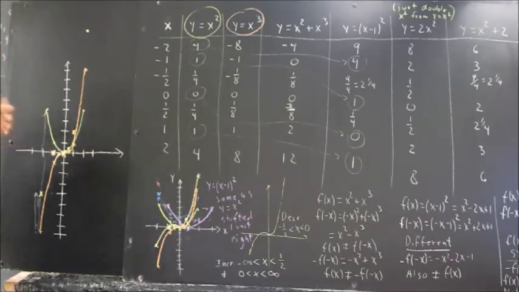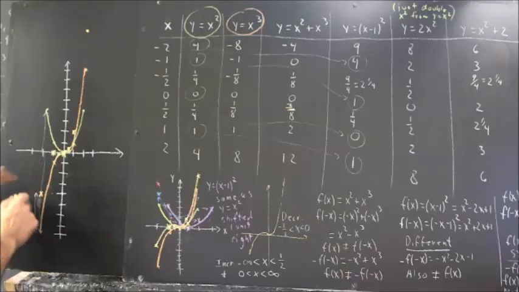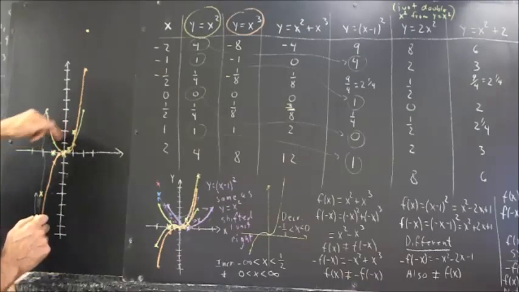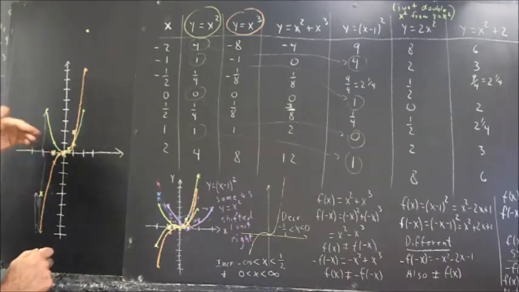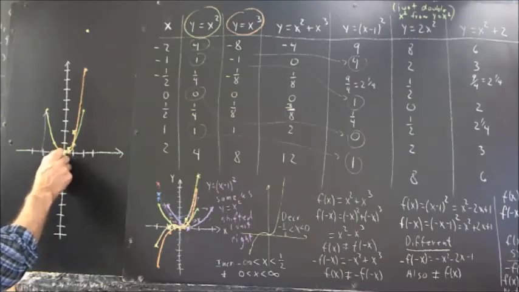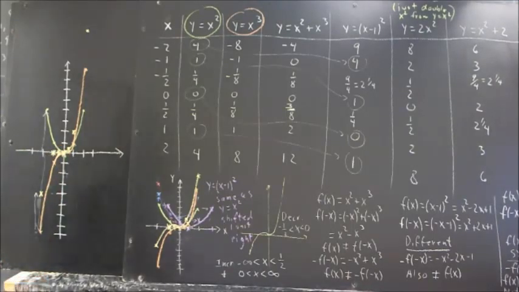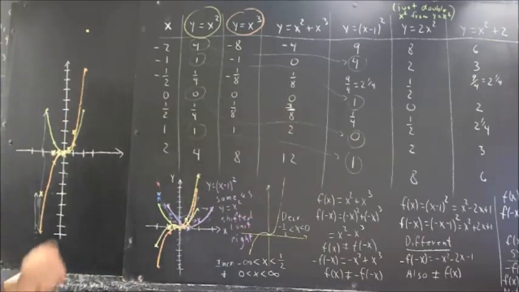The positive y value for the x squared function has a greater magnitude than the y value of the x cubed function. So we're going to get a point that's above the axis, because again, the green graph is higher above the axis than the orange graph is below the axis. So we're going to get a point a little ways above the axis, and actually the coordinate of the point is 1/8.